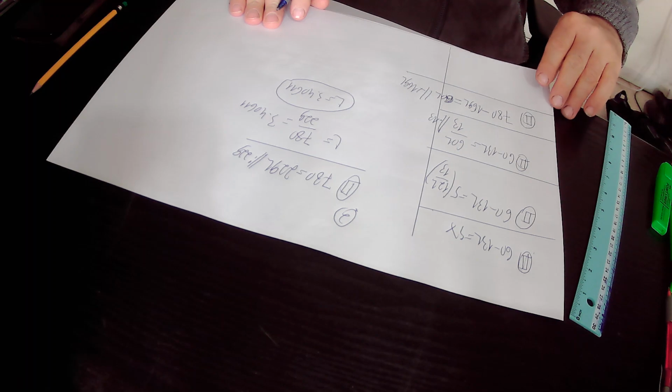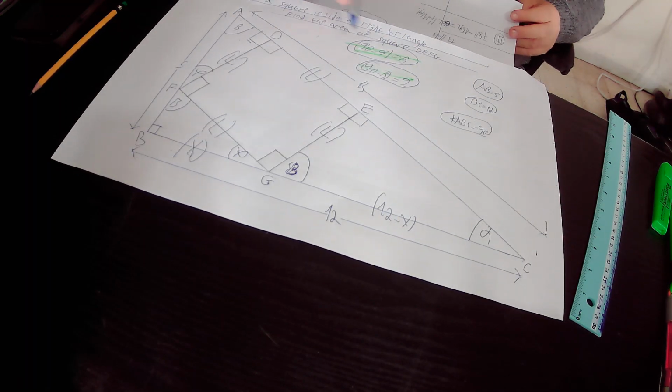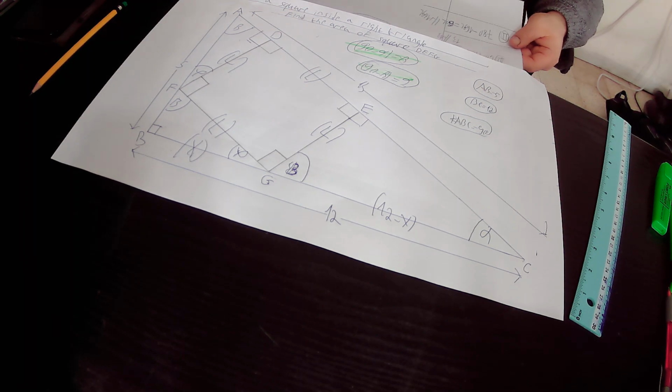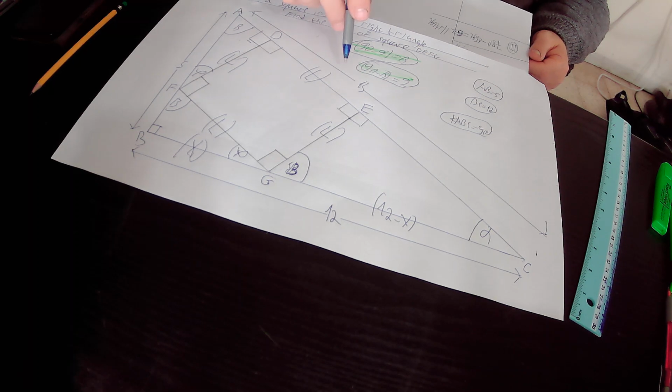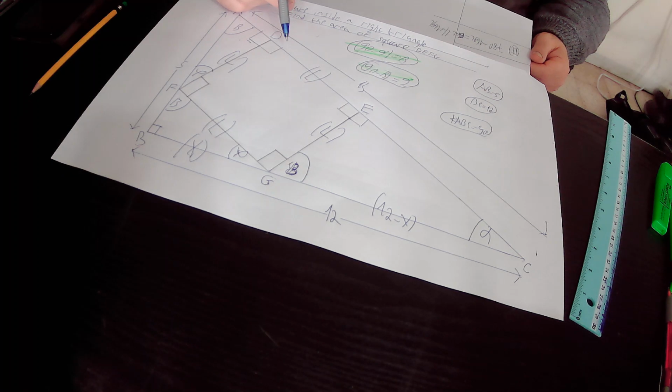That is to say, the length of one side of this square DEFG, the length L, is equal to 3.40611, and the area of a square equals the length of one side squared.